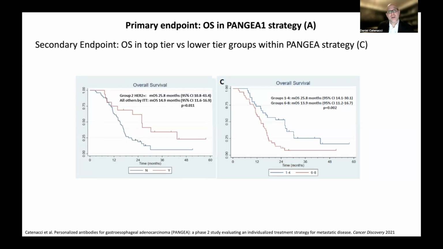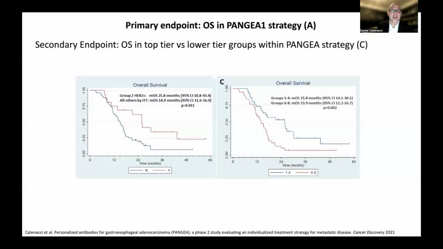But here, we thought that by addressing the spatial heterogeneity at baseline, patients who had a primary tumor positive but metastatic sites negative for HER2 would be better served with a targeted therapy of a biomarker that's present in their metastatic site. They weren't given anti-HER2 therapy per protocol. And likewise, patients who were HER2 negative in the primary tumor and HER2 positive in the metastatic site did receive trastuzumab, which in the standard of care setting they would not.